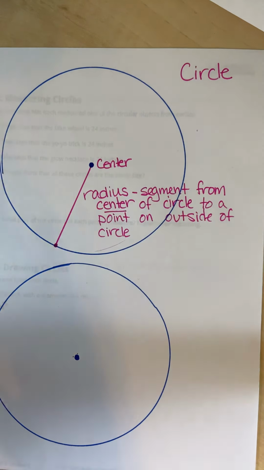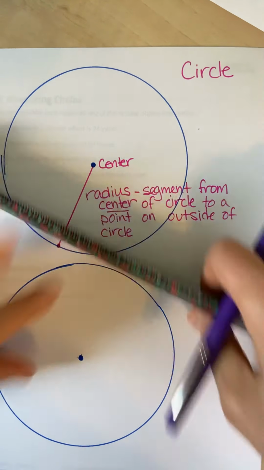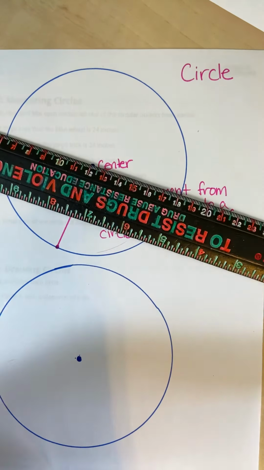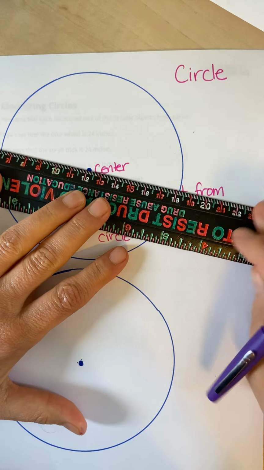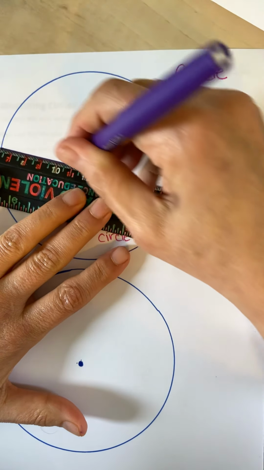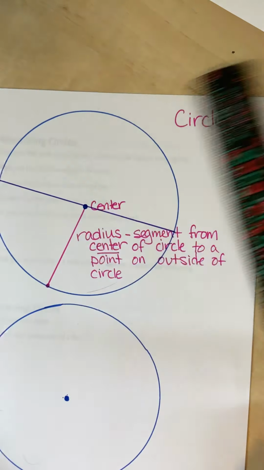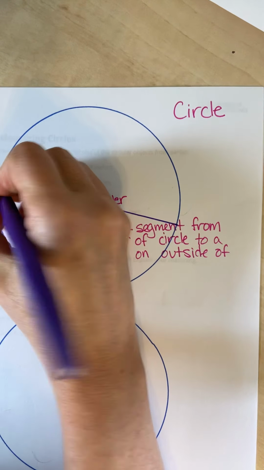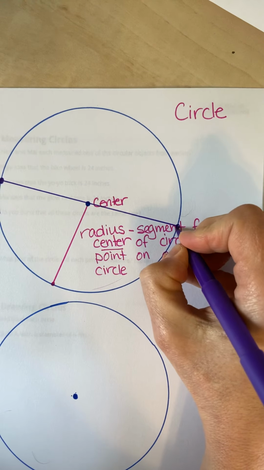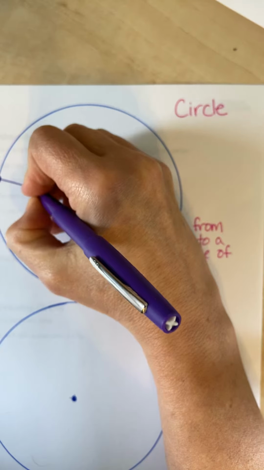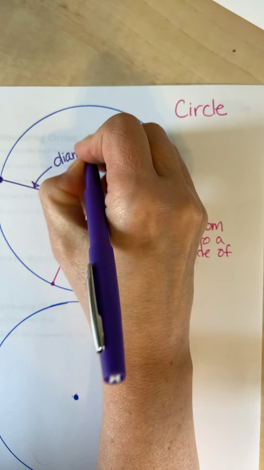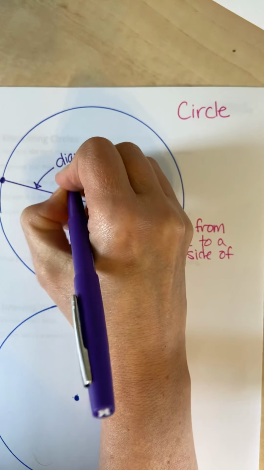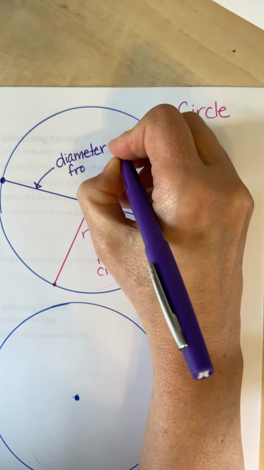All right, your diameter is... All right, so if I go from one point of a circle through the center to another point on the circle, okay? So I'm going here through the center to another point on the circle. That is called my diameter. Okay, so it's a line or a segment.